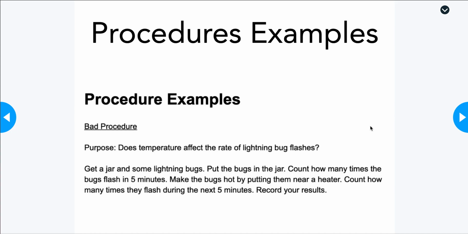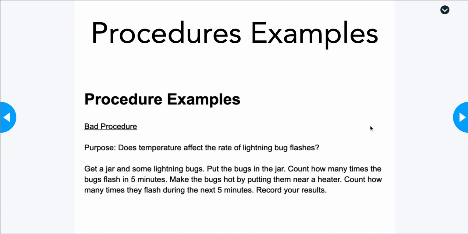When we make a procedure, we want something that we could give to somebody else and they would run the exact same experiment that we ran. We kind of saw that with the peanut butter and jelly: the more specific you were with your instructions, the more likely I was to make the sandwich as you thought I would make it. So let's start off with what a bad procedure looks like.